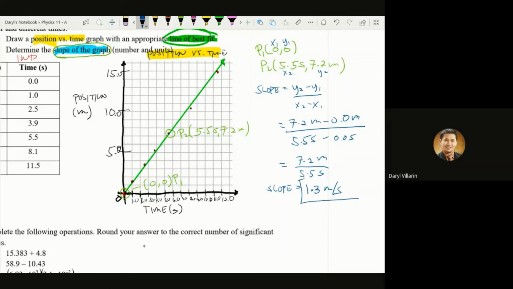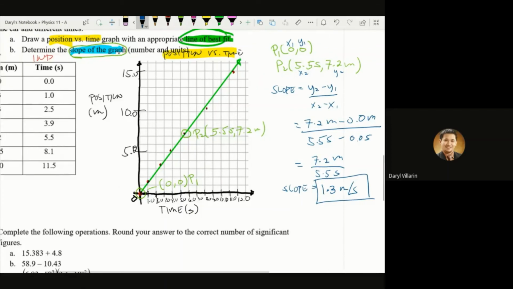So 1.3 meters per second. So that answers your letter B question. The slope is 1.3, but remember it should have a corresponding unit also. So the unit is meters per second.